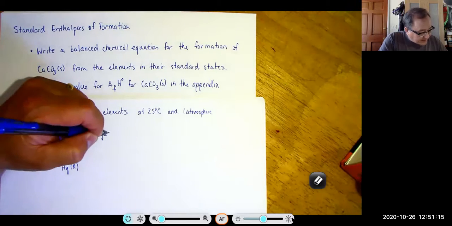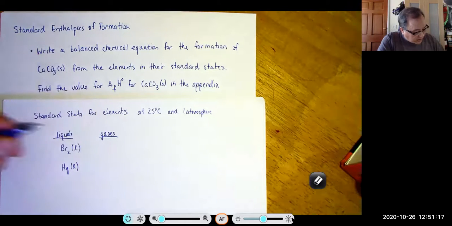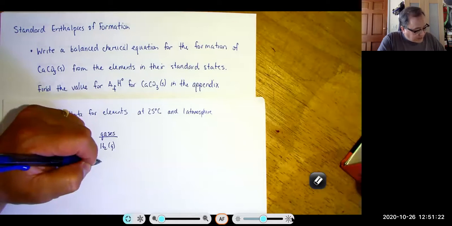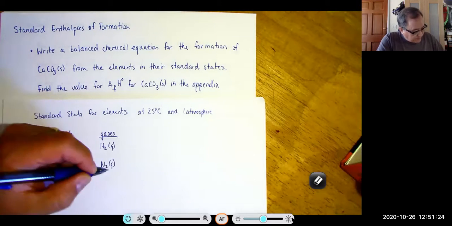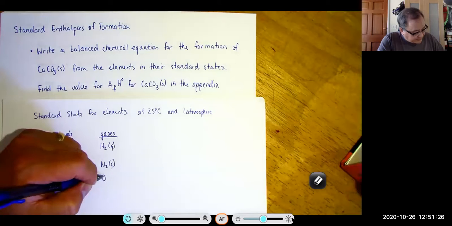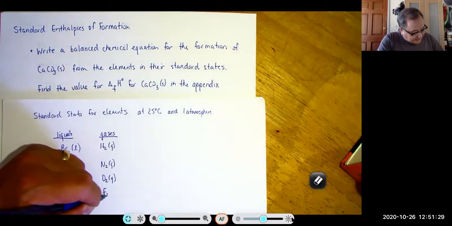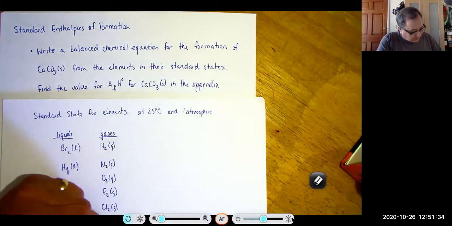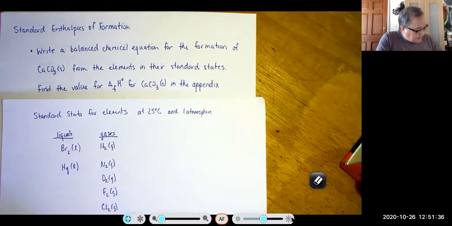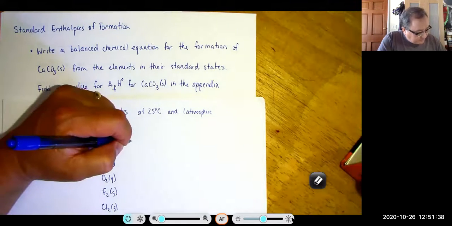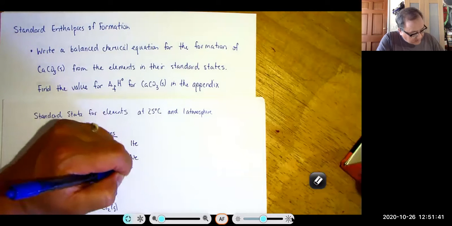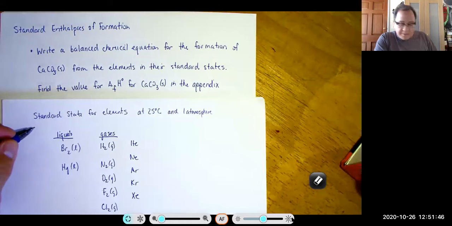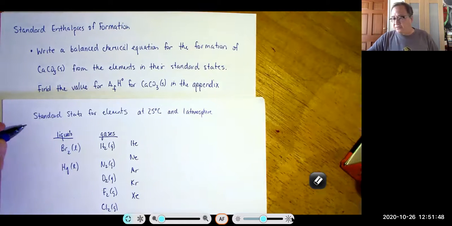The ones that are a gas at room temperature are hydrogen gas, nitrogen gas, oxygen gas, fluorine gas, chlorine gas, bromine, oh, not bromine, bromine's a liquid, helium, neon, argon, krypton, xenon. I'm trying to remember if anyone else is a gas at room temp.